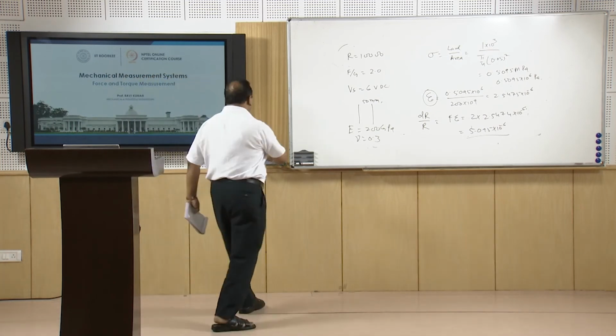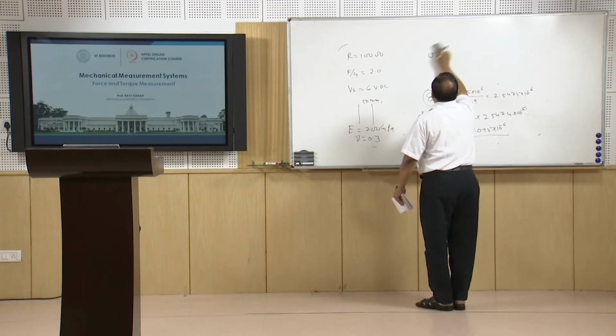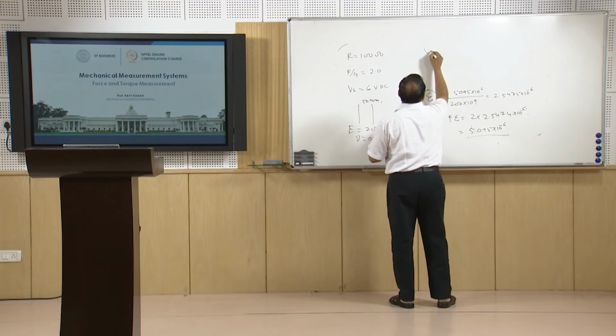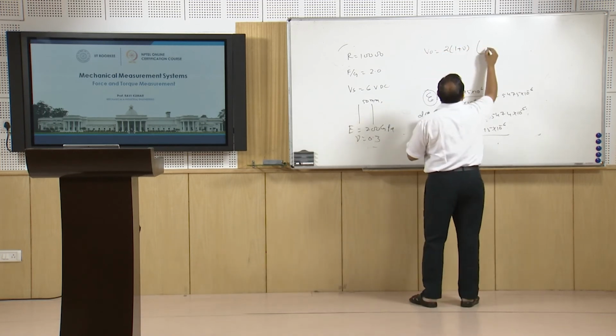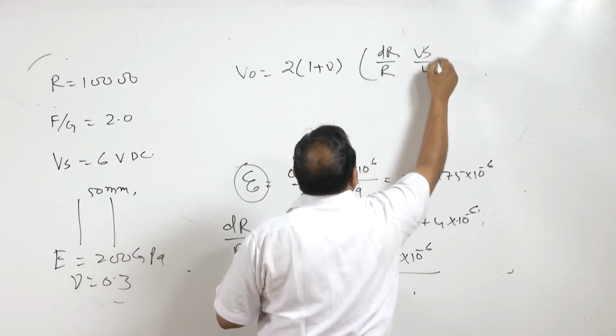Now we can calculate the value of VO, unbalanced voltage. This VO is equal to (1 plus nu) dR over R Vs by 4.